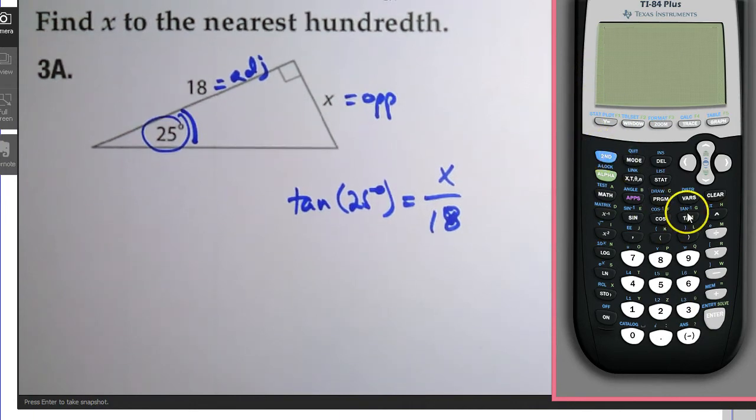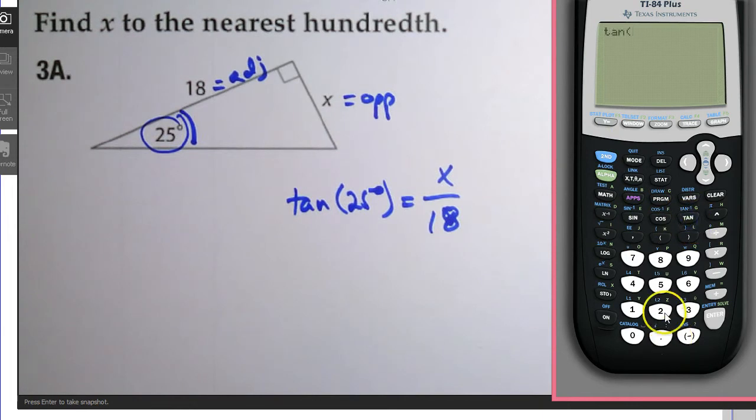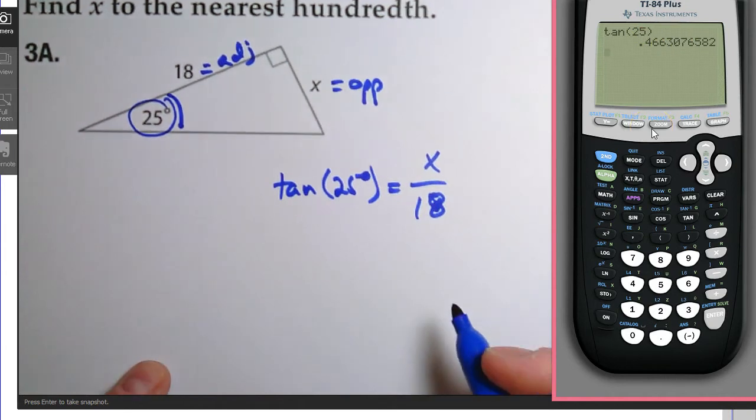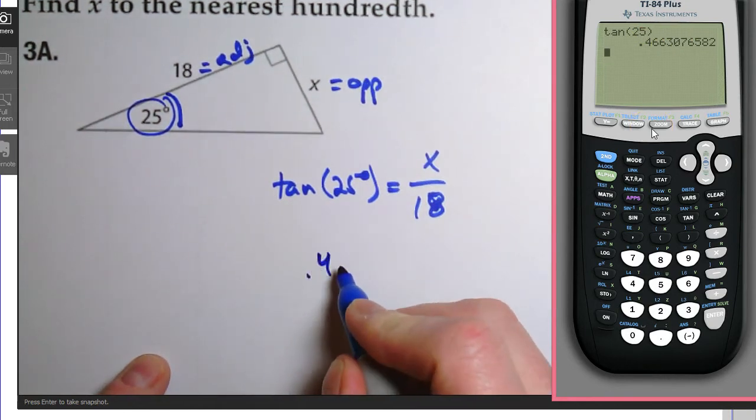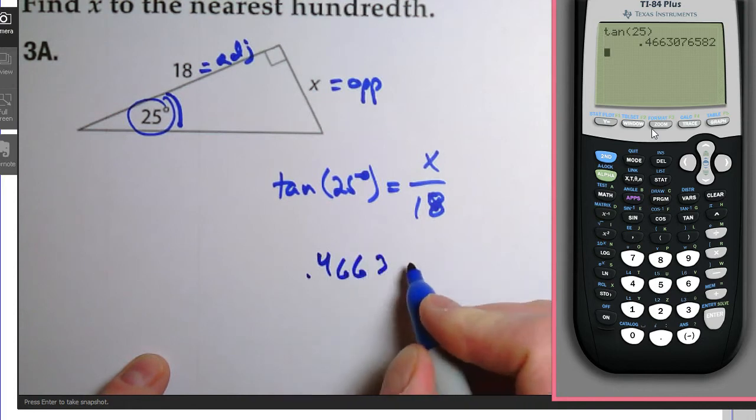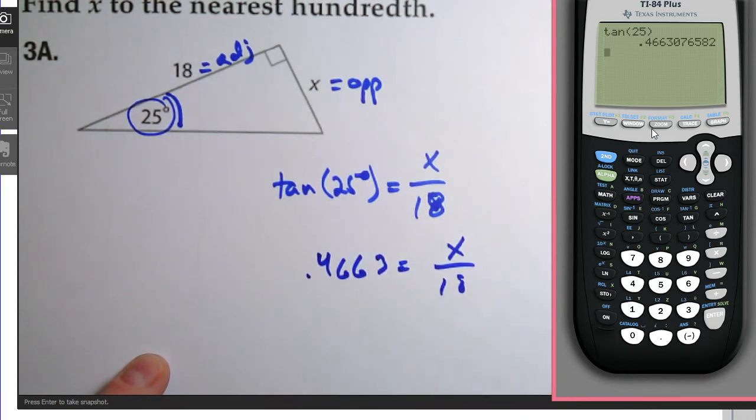So in the calculator, I take the tangent of 25 degrees, and I get 0.46630766582. The easiest way to do it is just to go to the first four digits. So the tangent of 25 degrees is actually 0.4663 equals x divided by 18.